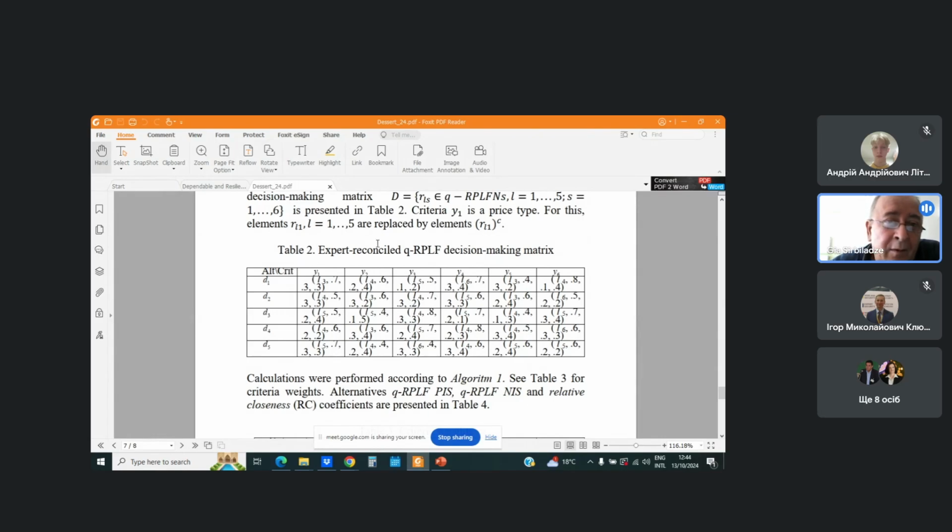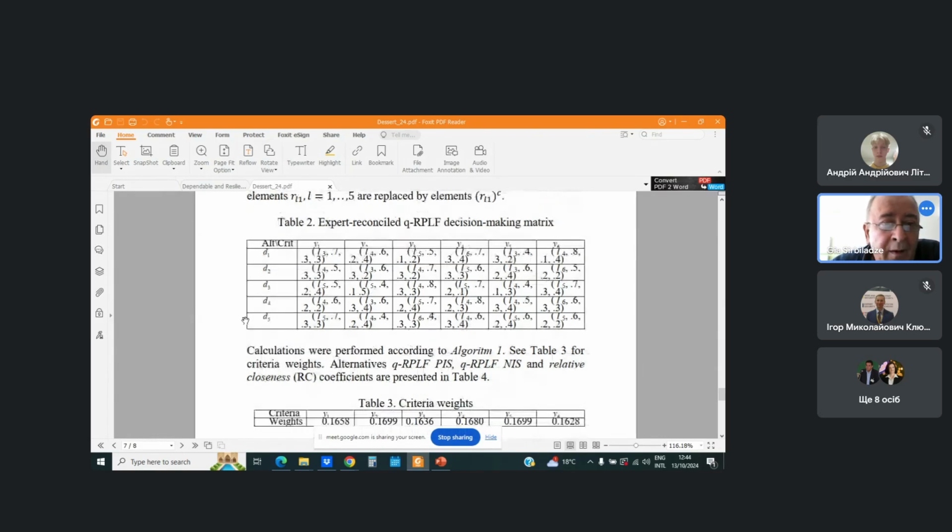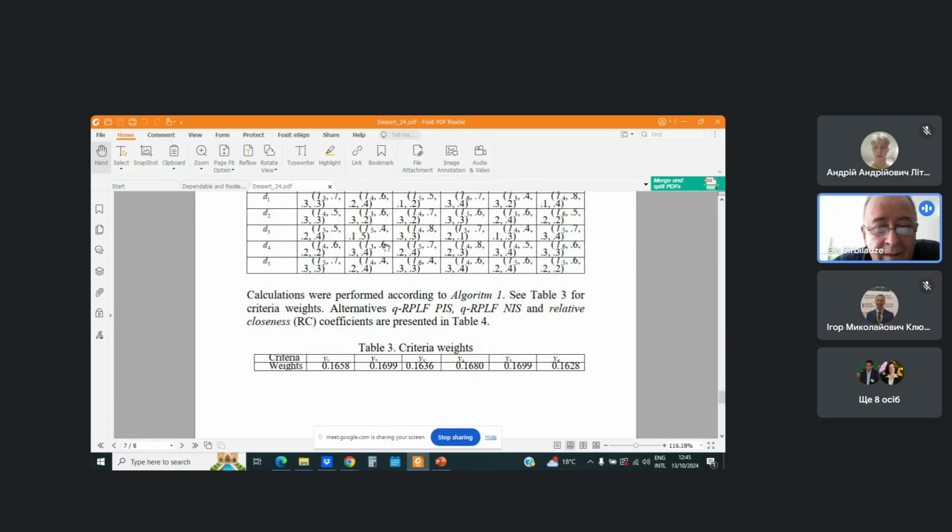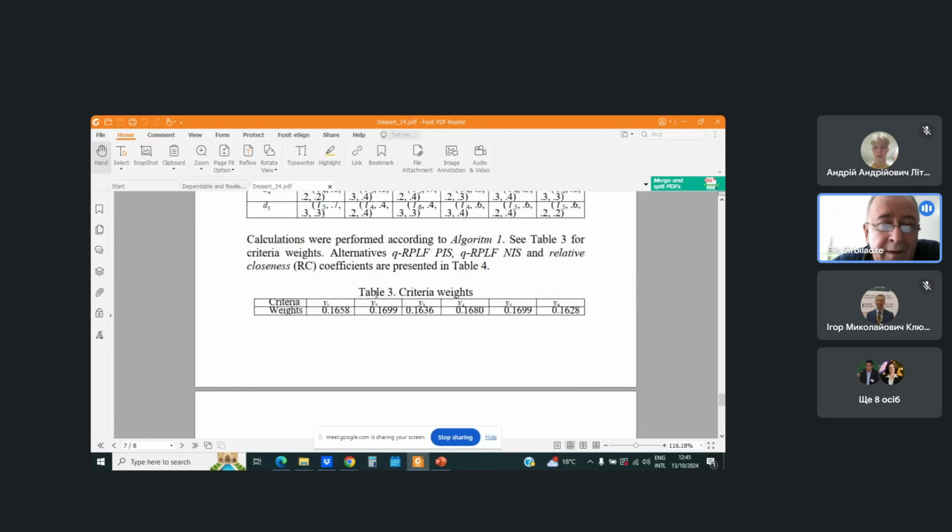Then, according to our algorithm, we have the decision-making matrix. Here we see in table 2 the Q-rank picture linguistic fuzzy ratings, and here the calculated criteria weights are given in table 3.